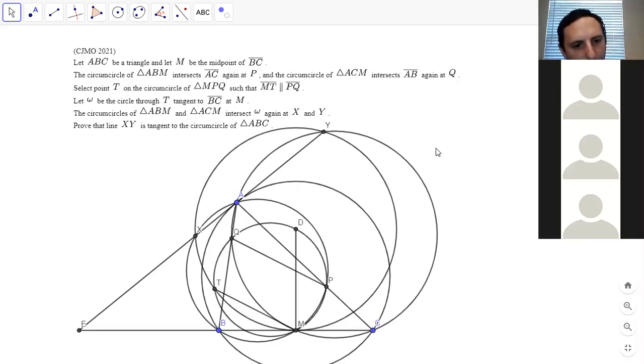Well, kind of going in circles here. We want to show XM is parallel to AC. Which would mean that AXMP is an isosceles trapezoid.